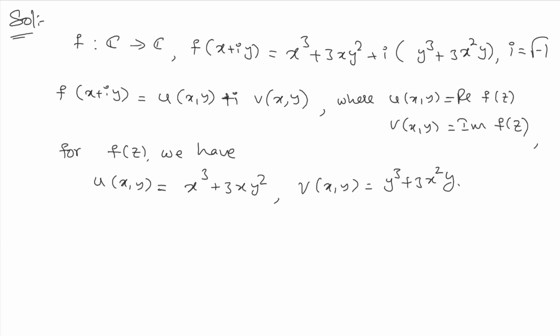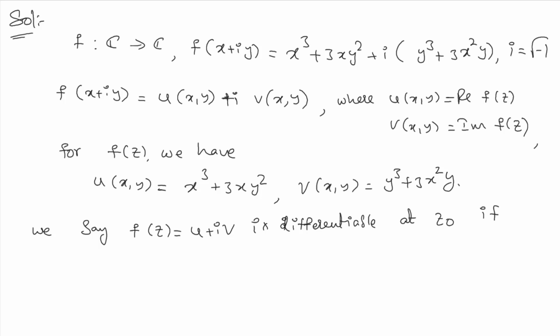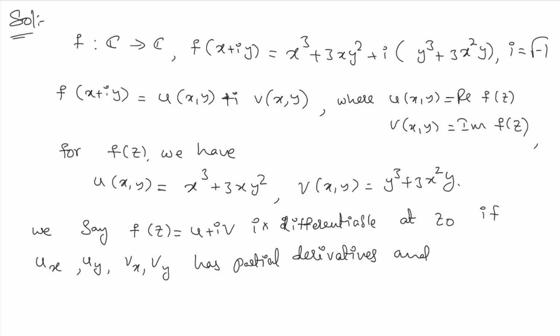Since it is asked to check the differentiability of this function f of z, we know by the definition of differentiability, we say a function f of z as u plus iv is differentiable at a point, let me say z naught, if ux, uy, vx, vy have partial derivatives and u comma v satisfy the Cauchy-Riemann equations, that is CR equations, at the point z naught.